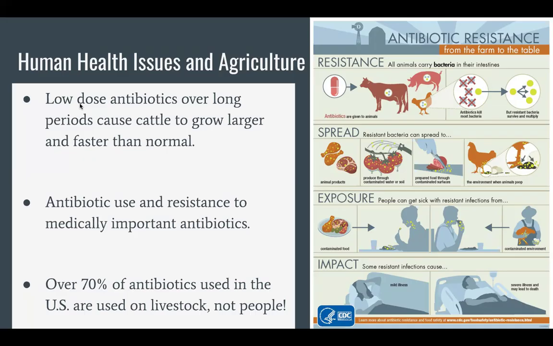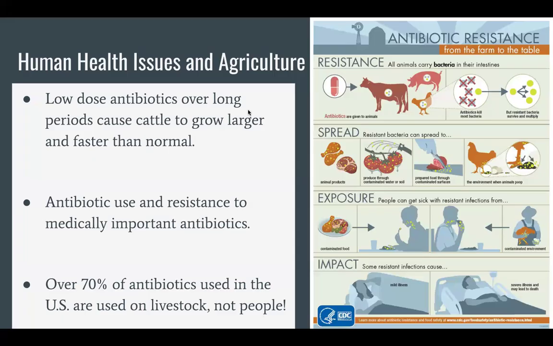But most antibiotic use in livestock is not to treat infections. Mostly it is used to increase the size and the growth rate of animals. They found out a while ago that giving livestock a low dose of antibiotics over a long period of time caused them to grow to larger body size faster. So it's a way to make more money faster.